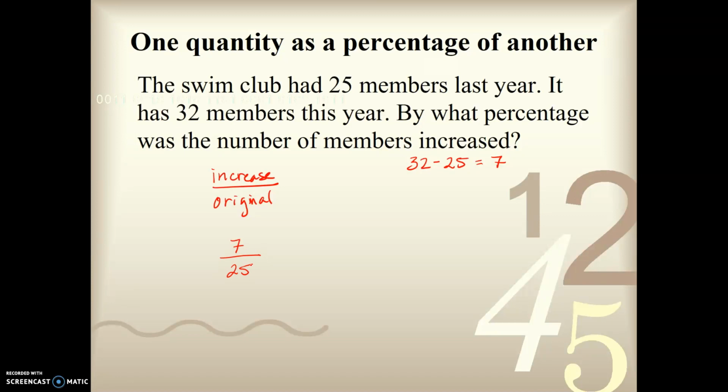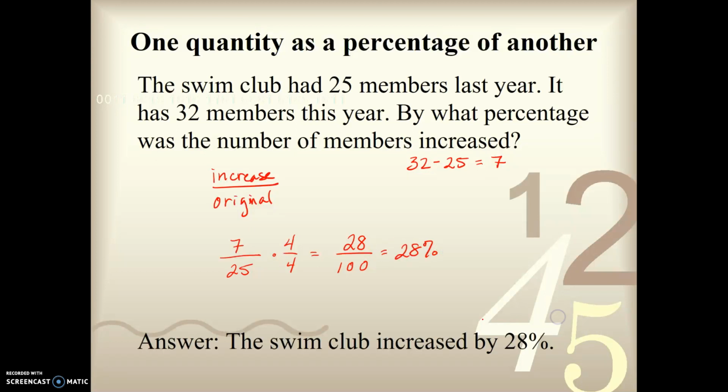So that goes on the bottom. And now all I have to do is use method 1 or method 2 to convert that to a percent. And I like method 1 on this one since we have 25 there in the denominator. So we're going to get 28 over 100, which equals 28%. So the swim club increased by 28% is how we would answer that question.